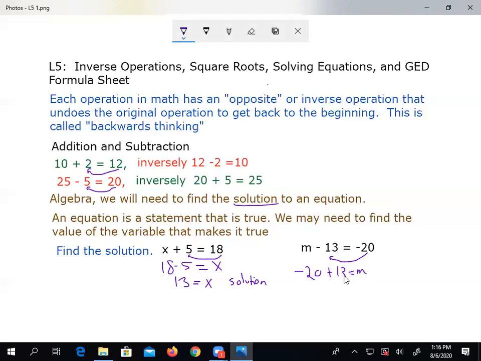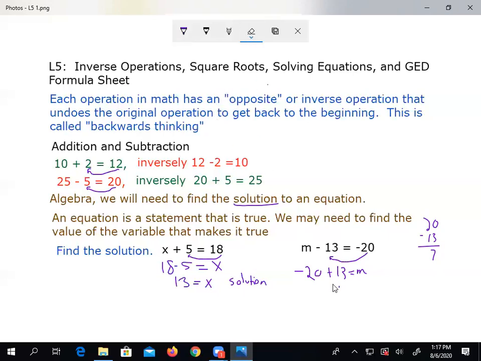So if we use our labels of money, $20 I owe and $13 I have, we recognize that the signs are different. I have to subtract 20 minus 13. If I do that math, we would end up with 7. Then I have to pay attention to the fact that I'm a little bit too low there.